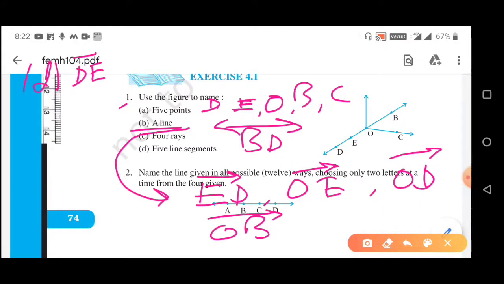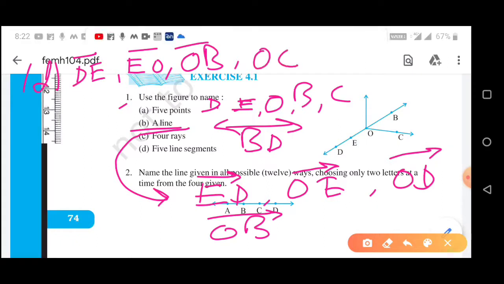Whenever it is called a line segment, we have to give the symbol like this, DE, two endpoints are there, then EO, then OB, then OC. These are line segments. So these are 4 line segments. One more we need to write. So we can write EB. These are line segments. So in this way we can solve question number 1.